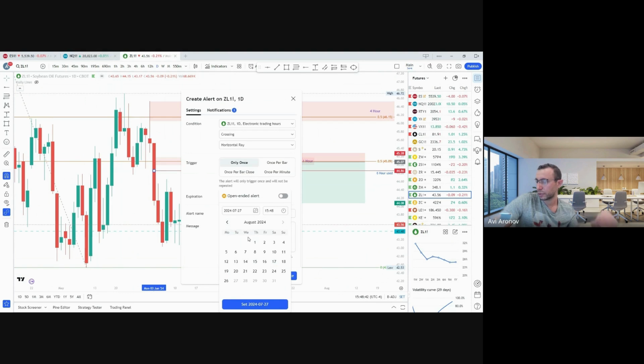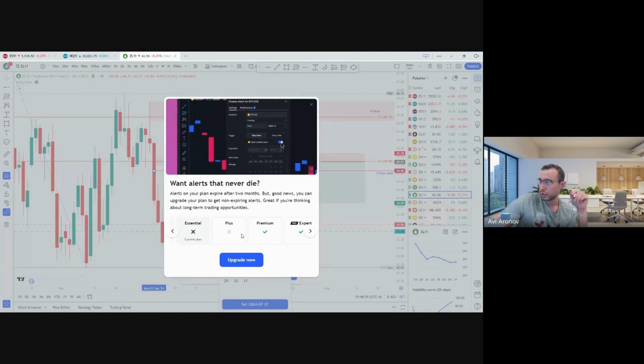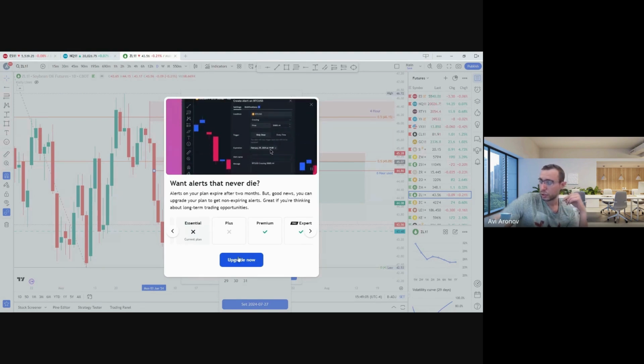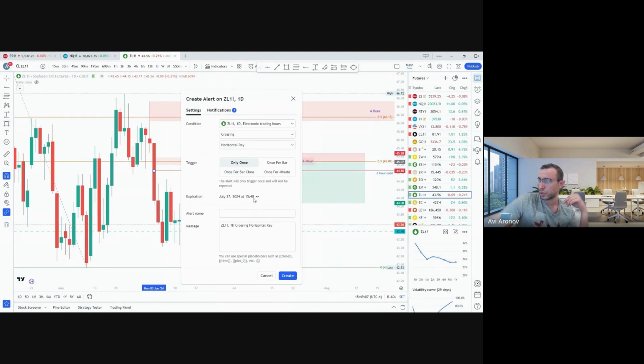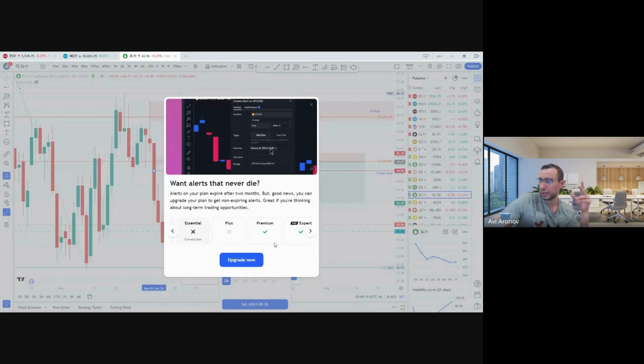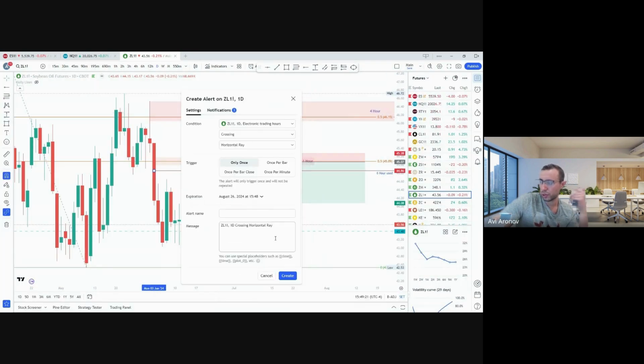an alert. Now, what I actually recognized today, so I'm sharing that with you: when you are going to create this trade alert, you want to make sure that you pick the date that is as far as possible in the future, because if you have premiums, you can check this and then you don't need to worry, it will go until it hits.